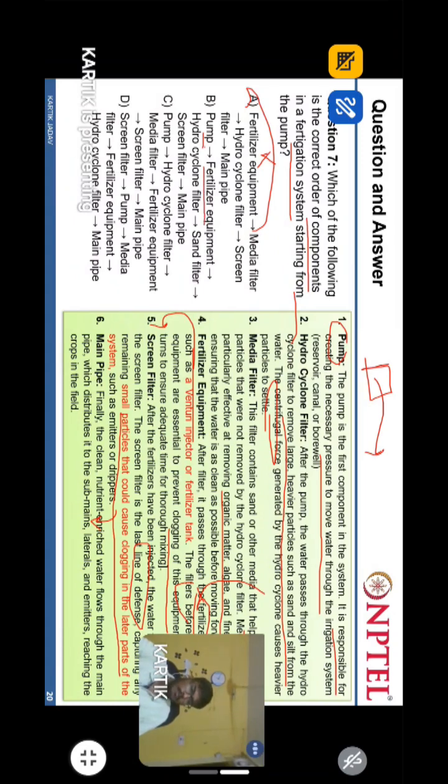No. After the pump, we have the hydrocyclone filter, media filter, then fertilizer equipment, and after that we have the final defense line, that is the screen filter, and that water we generally divert to the main line. And in between, we have the various valves that we also discussed. So option C is correct here.